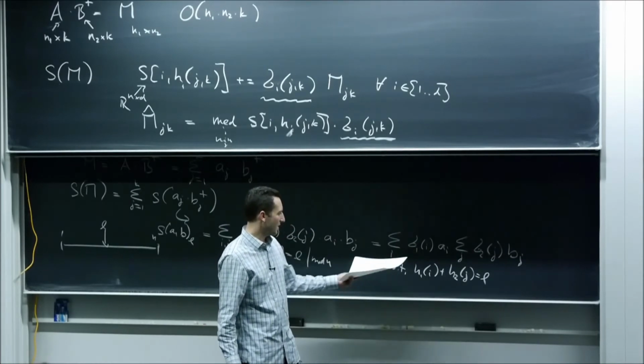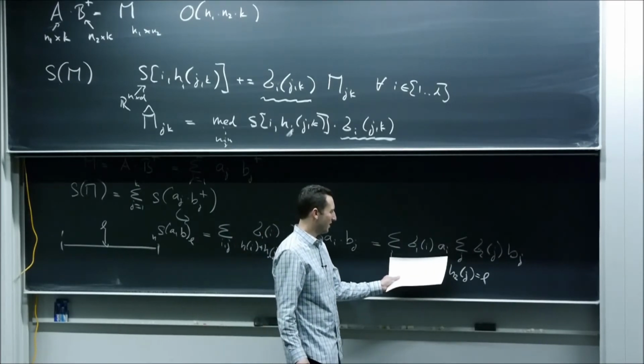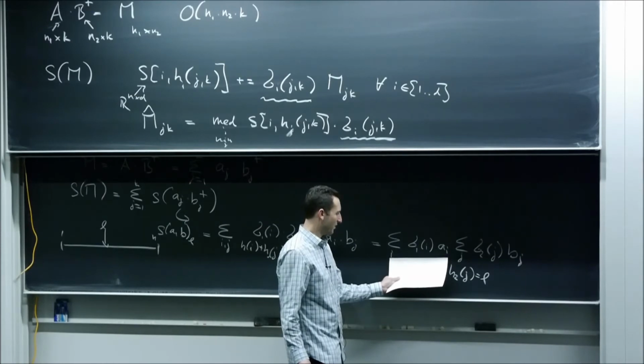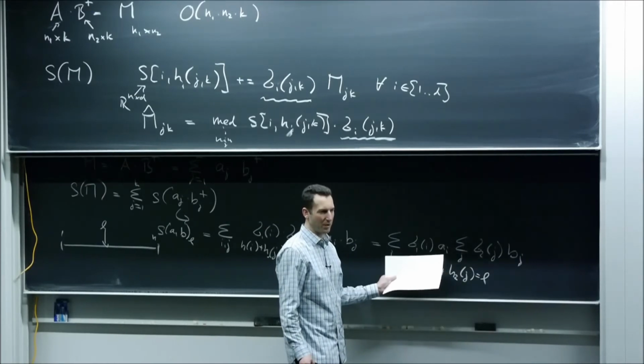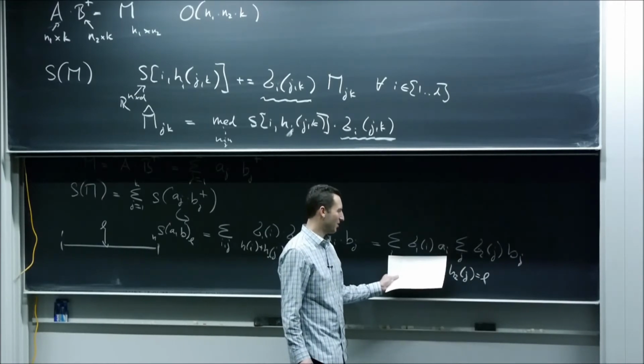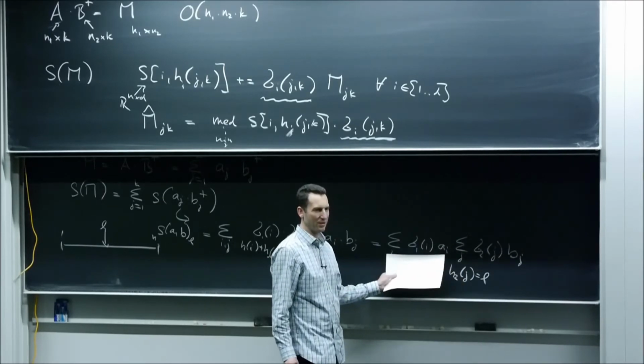So now let's, for a moment, consider compressed vectors A and B, where I'm now applying the same count sketch to A and B respectively.